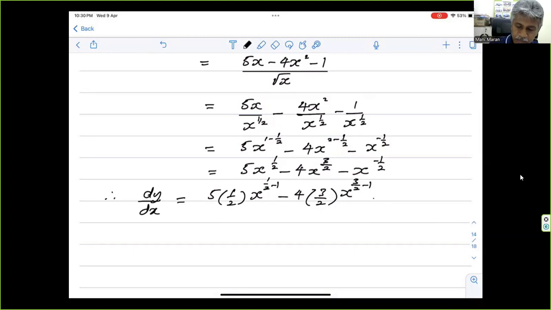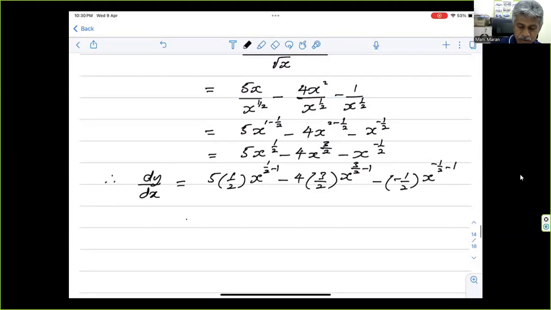Okay, and then minus negative half x to the power negative half minus 1. So when you simplify this, you'll get 5 over 2 x to the power negative half, minus 6.